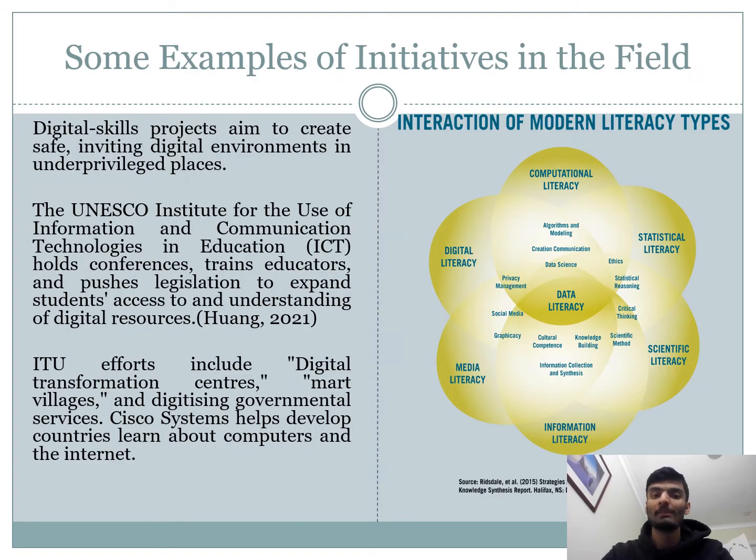So, some examples of initiatives in the field. A person who is data literate is one who is confident in their ability to discover, analyze, and communicate information gathered from many sources. Critical thinking encompasses the processes of analyzing, interpreting, and making decisions based on data, as well as the skills necessary to express the data's relevance and worth.